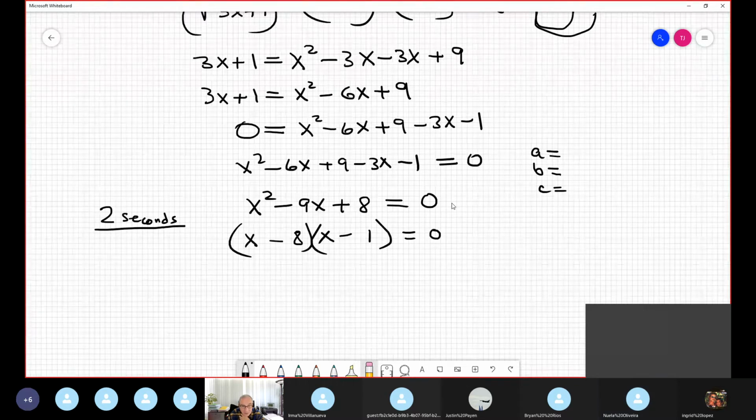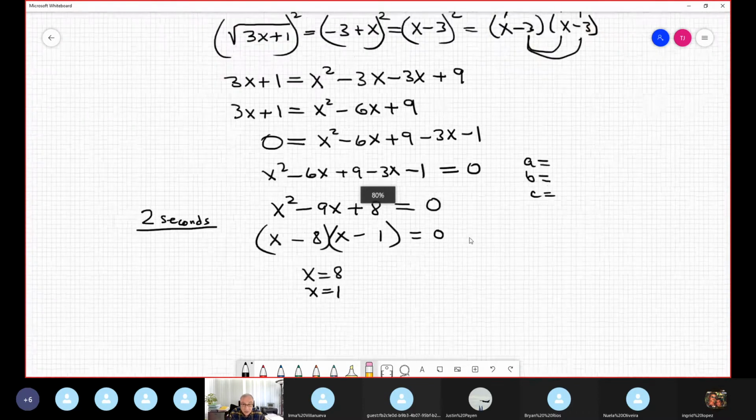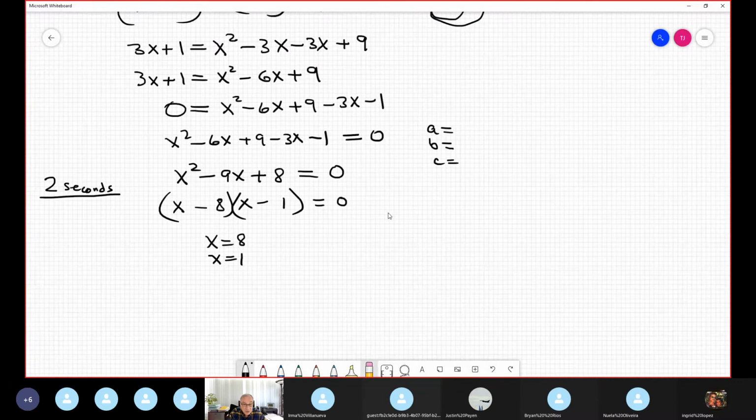Yes. So the answer is positive 8 and positive 1. Okay, super fast by factorization. But what is the disadvantage? The disadvantage is that factorization is weak, and sometimes you don't see very well the combination, or sometimes the combination is impossible.